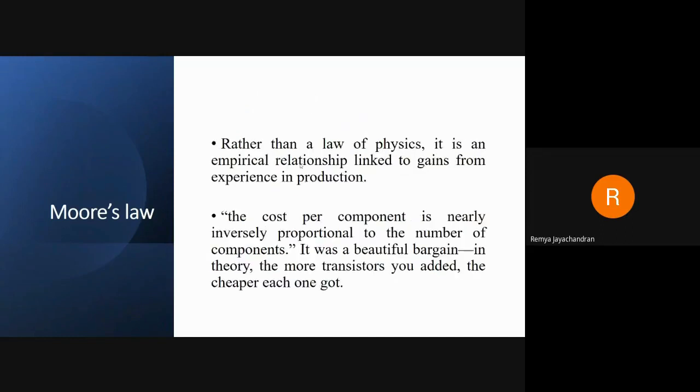It is just an empirical relationship. Along with that, the cost per component is nearly inversely proportional to the number of components. So as you add more transistors per unit area, the cost of the component can be reduced. That means you will get cheaper devices.